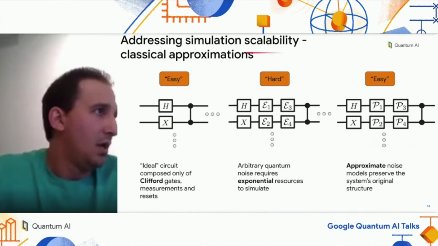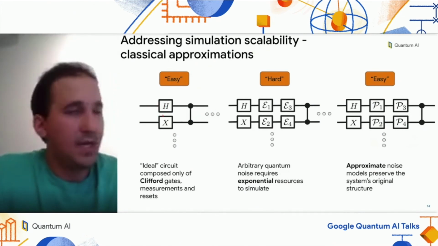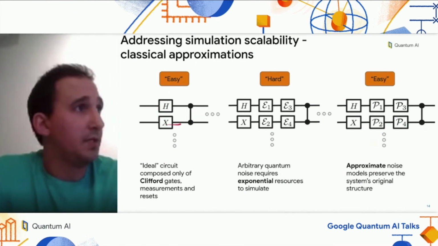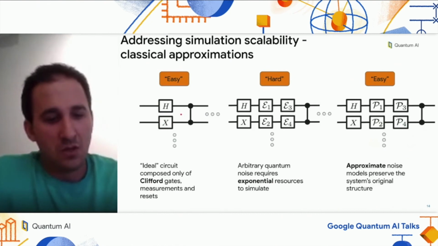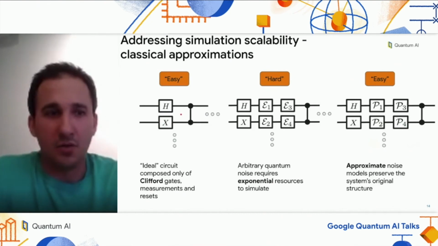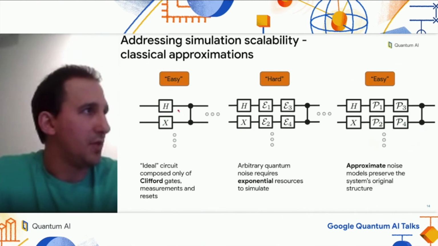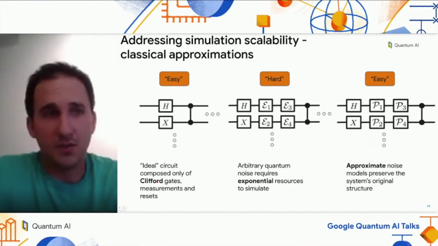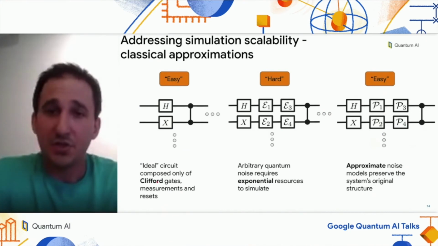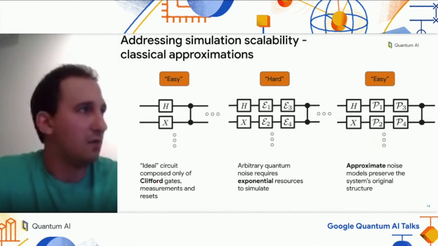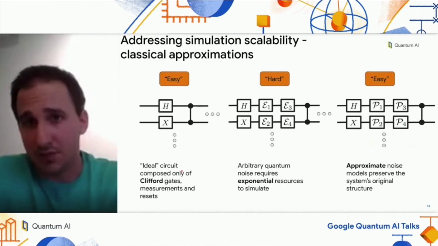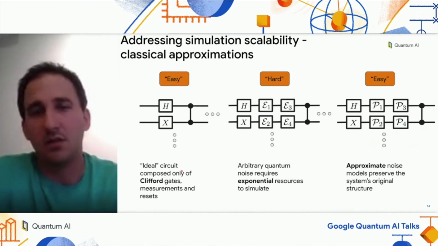So it turns out that the way these circuits are implemented, the operations that are applied are only a subset of all possible operations, right? The unitary operations themselves are called Clifford unitaries. And that means that we can have a very concise description of our quantum state using something called stabilizer states, which in practice means that these are states with very, very many good quantum numbers.